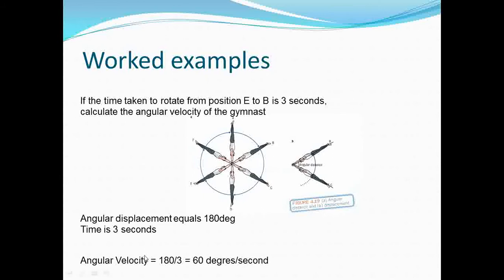Therefore, we go angular velocity equals the angular displacement, which is 180 degrees, divided by the time, which is 3 seconds, which gives us our answer, which is 60 degrees per second. So that person is rotating at 60 degrees per second. So it's a measure of how fast they're spinning.